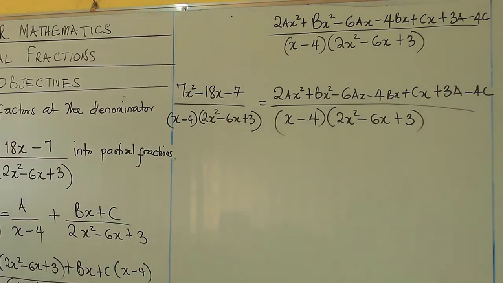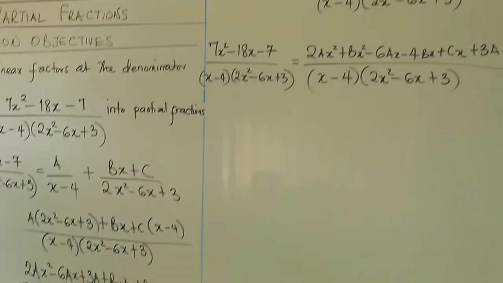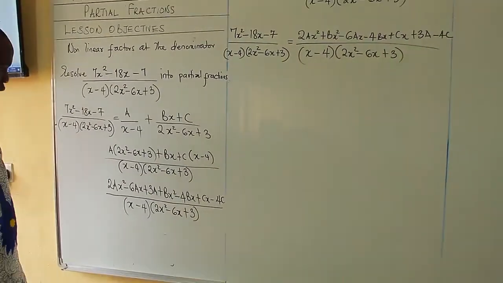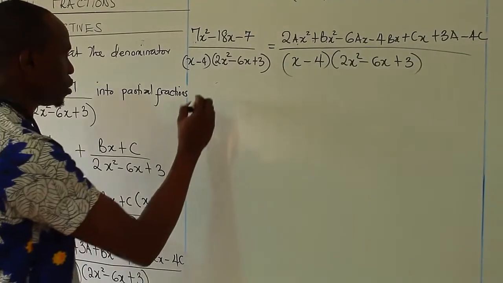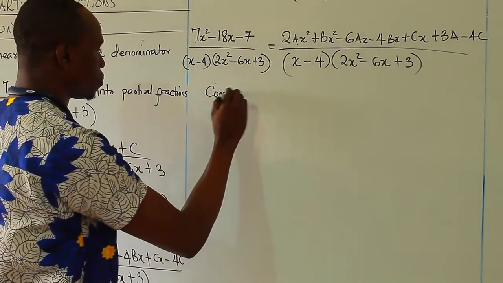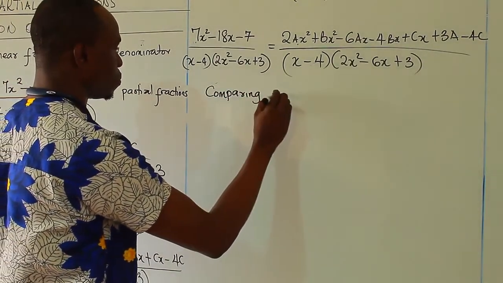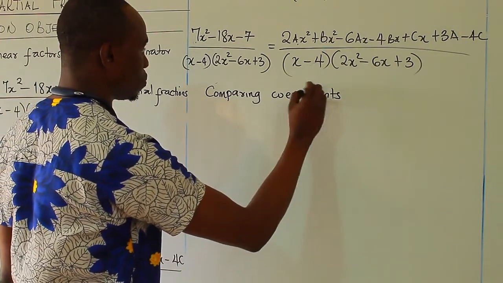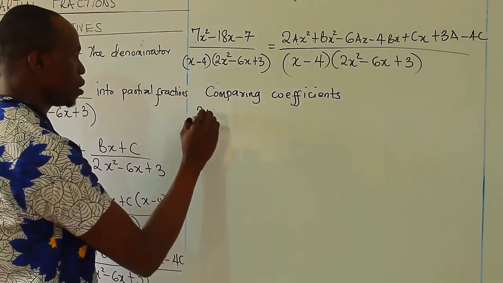Now if we come back to this section, we have to make sure that there is no sign mistake in this in order to get that right. Now by comparing coefficients, 2ax squared minus 6ax plus 3a plus bx squared minus 4bx plus cx minus 4c. We have 2a plus b equal to 7, so correct.